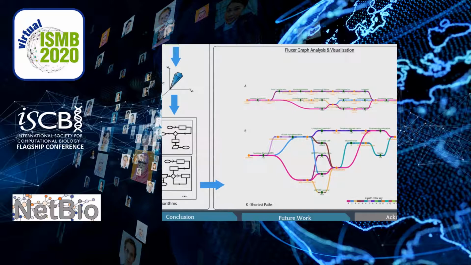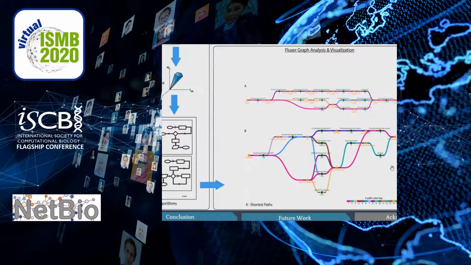Users can select whether they want the shortest paths to be generated in terms of length or edge weight. And the edge weight is a customizable combination of the reaction flux, the metabolite stoichiometric coefficient, and also the molecular weight. Each path has a color associated with it that can be referred to from the key shown below.